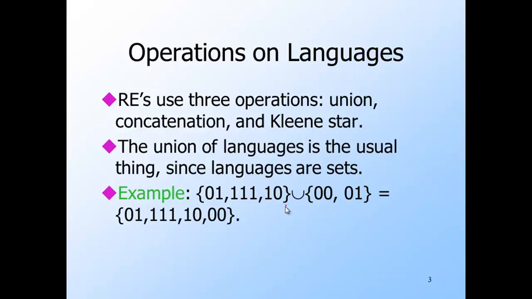Here are two sets, their languages, each with three strings and with two strings. 0, 1 happens to be in both, so it will be once in the union. 1, 1, 1 is there, 1, 0 is there, and 0, 0 is there. So that's the common notion of the union on sets or languages.